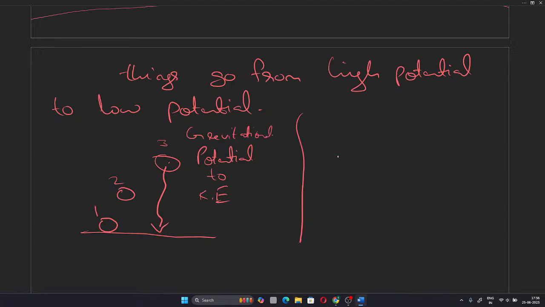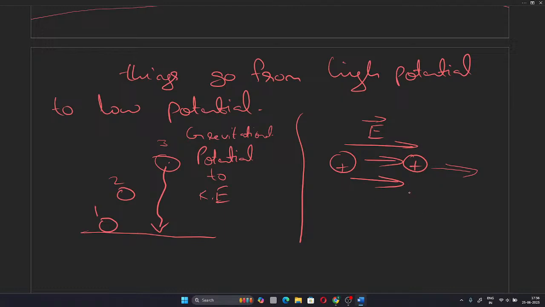When we see the charges case, in the previous chapter we saw that when two positive charges are placed here, with the electric field this way, this charge will experience a force this side. We can also define it in terms of potential.